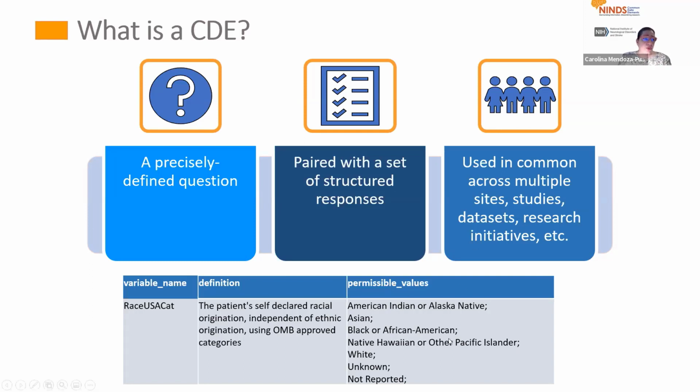The list of the structured responses are here, and they're called permissible values. This is just to show you that across a study, every single site will collect race in the same way. And the CDE is just a unit of data collection. So if you have an instrument, for example, the Mini-Mental, a CDE will be every question on that Mini-Mental.